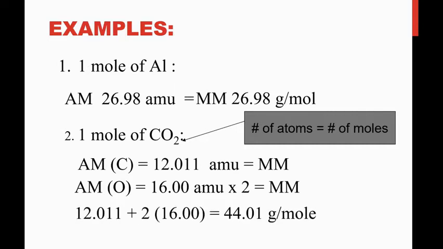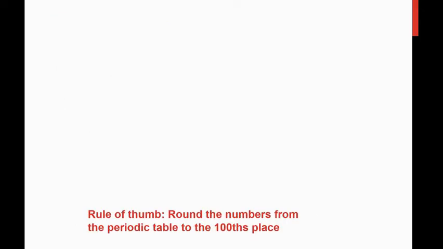When I add that together, 12.01 plus 2 times 16.00 is 44.01 grams per mole for carbon dioxide. Now, where do I get these numbers? These numbers come directly off of the periodic table. What I would like for you to do is round to the hundredths place when you're doing these calculations.